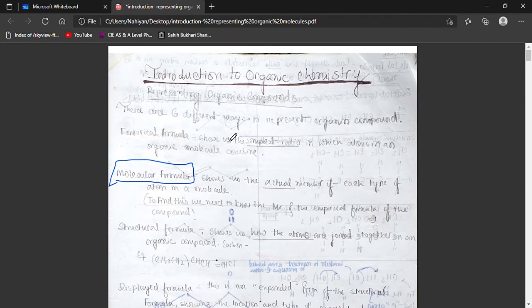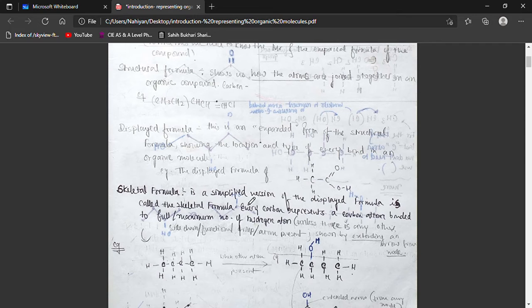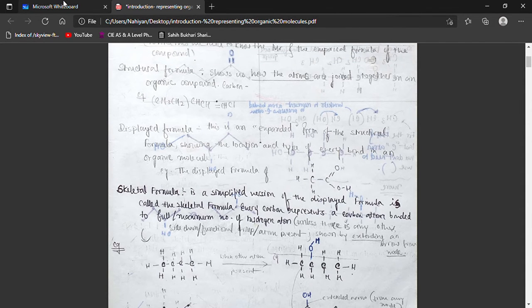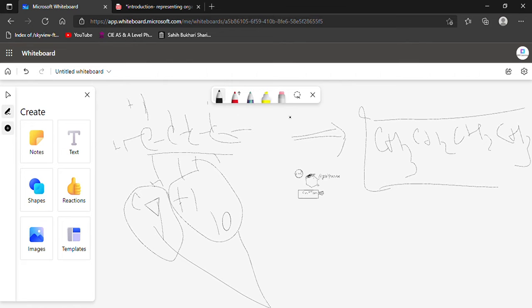So moving on to a more detailed structure. The one which I drew at the beginning is this. Looking at this, you get the total idea of how you can visually represent it. Just by looking at it, you can understand how the structure is going and what the structure is.